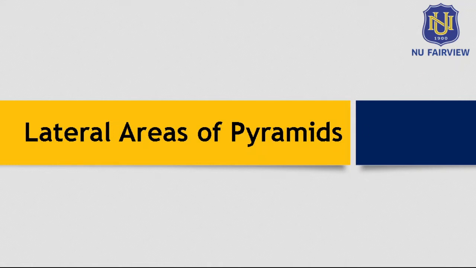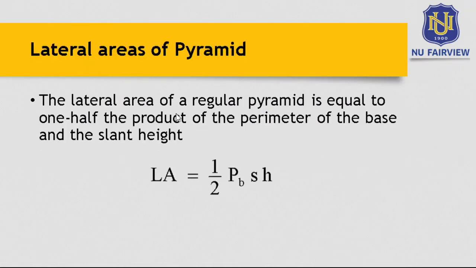For pyramids, this will be its definition. The lateral area of a regular pyramid is equal to 1/2 the product of the perimeter of the base and your slant height. So, our perimeter is denoted by P sub B and our slant height is SH. Okay.